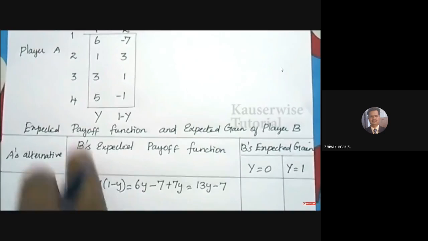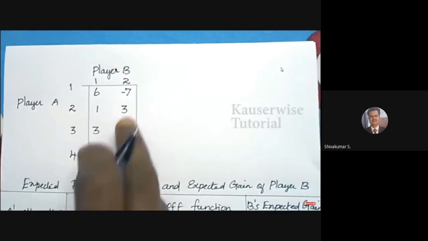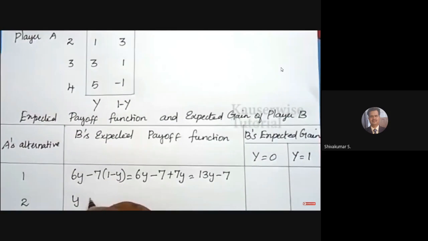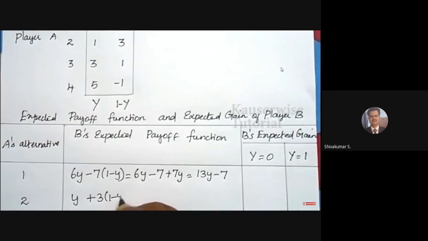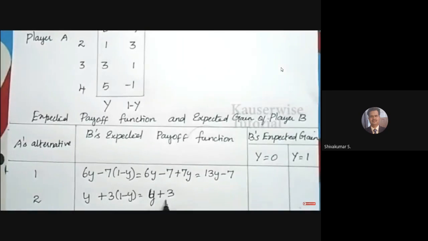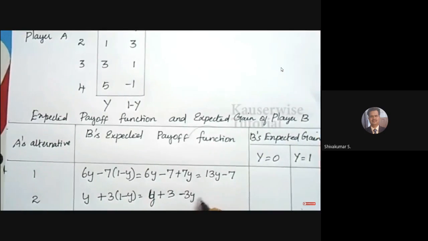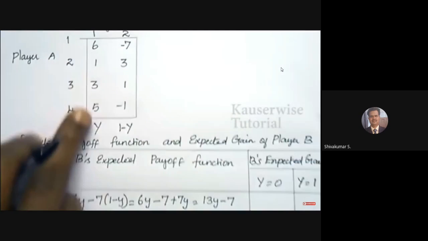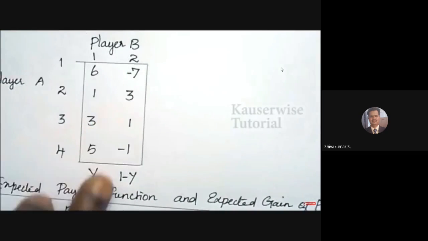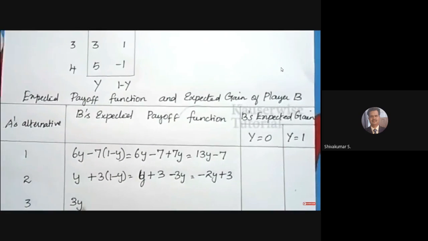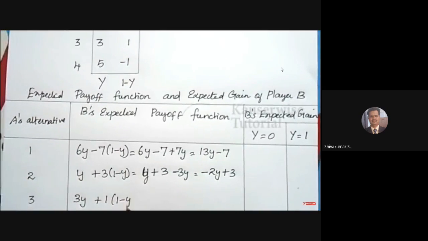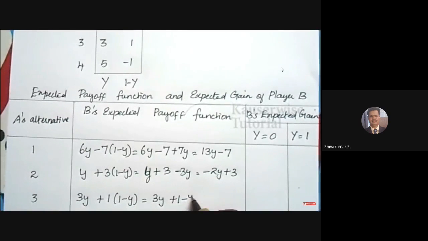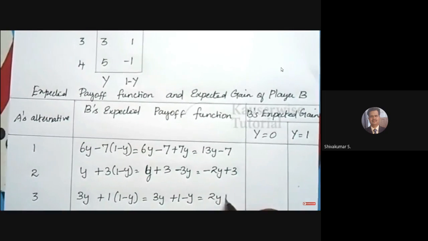For the second one, 1 into Y plus 3 into 1 minus Y. See, Y plus 3 into 1 minus Y is equal to Y plus 3 minus 3Y, is equal to minus 2Y plus 3. For the third one, 3 into Y plus 1 into 1 minus Y, is equal to 3Y plus 1 minus Y, is equal to 2Y plus 1.